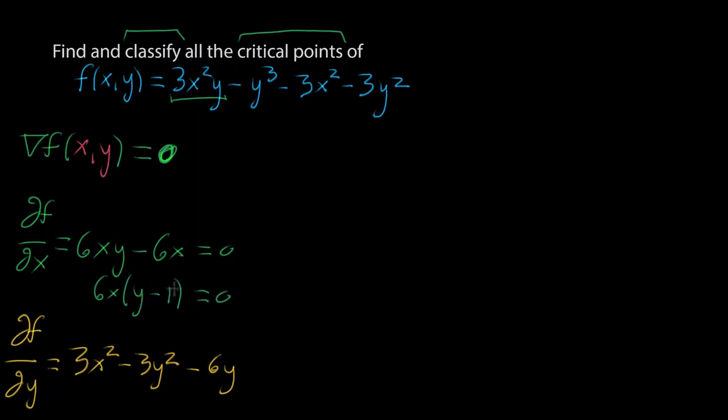And what this equation tells us is that either it's the 6x term that equals 0, in which case x is equal to 0, or it's the case that y minus 1 equals 0, in which case y equals 1. So at least one of these things has to be true. That's the first requirement that we've found.